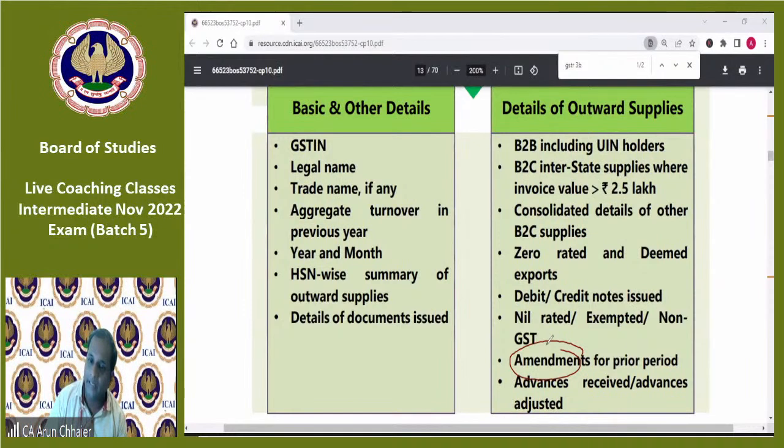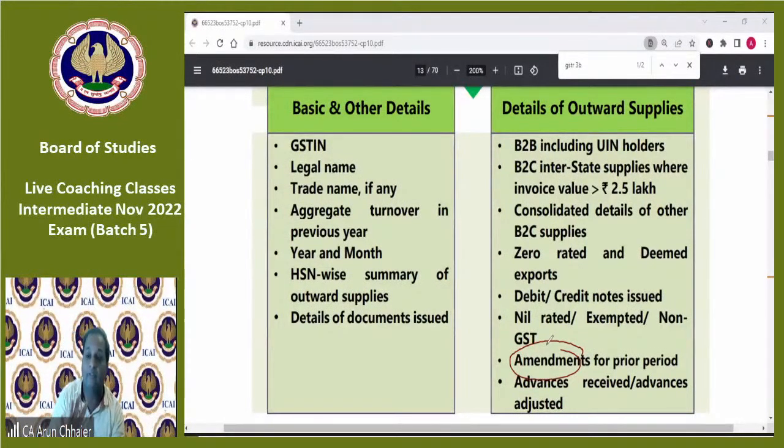What is the amendment table? For any information which is wrongly entered: B2B, B2C, GST number is wrong, tax invoice number is wrong, place of supply is wrong, value is wrong, tax rate is wrong, taxable value is wrong, invoice date is wrong, invoice number is wrong. Any wrong information you cannot correct through a revised return.